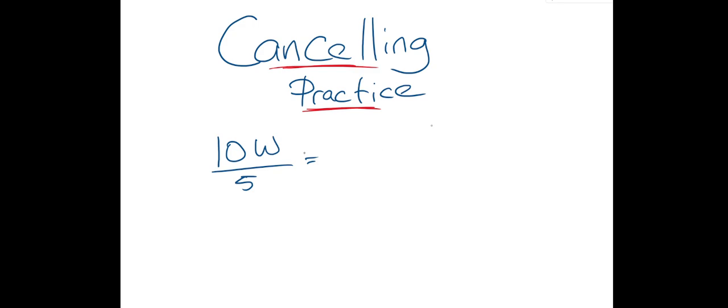Does that simplify? Well, if there wasn't a W there, we would have 10 over 5. Now that cancels to 2. If you grab the calculator, 10 divided by 5, you'll get 2.